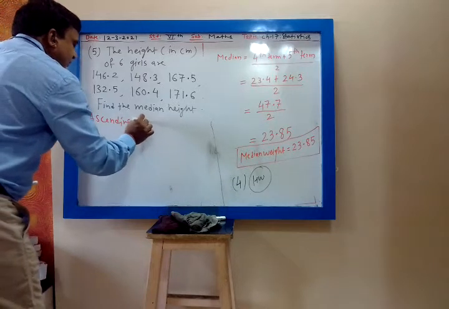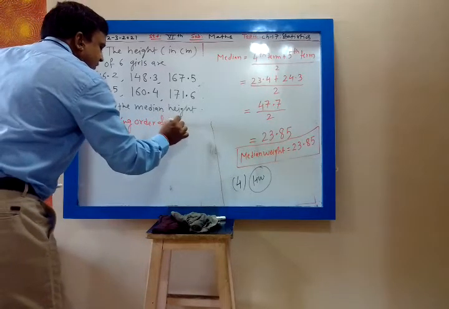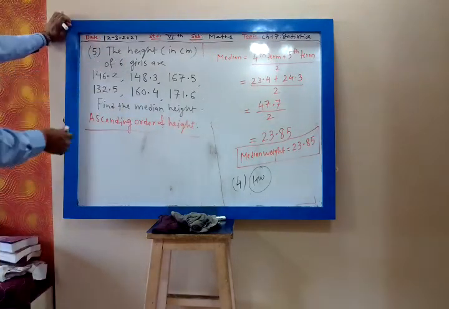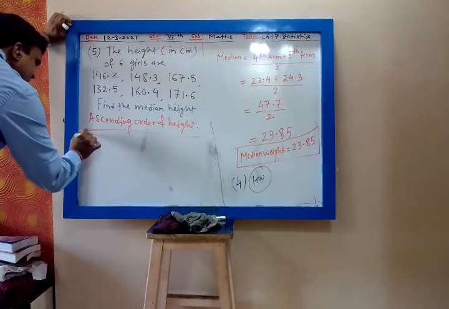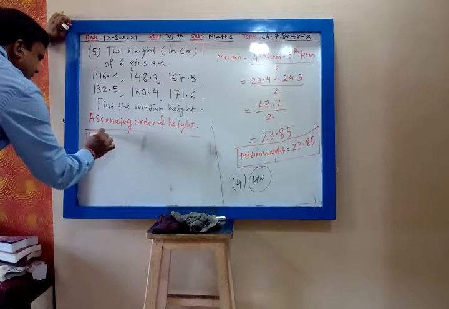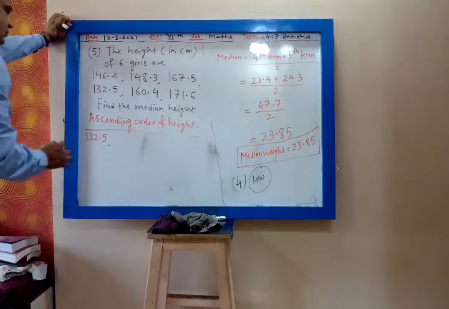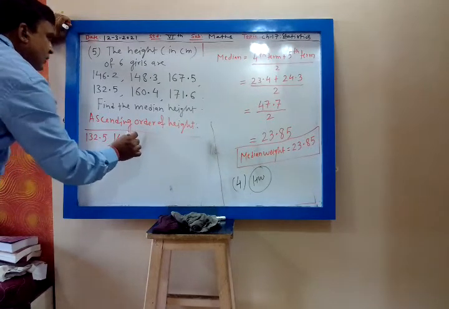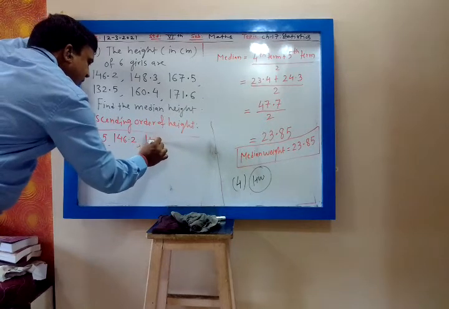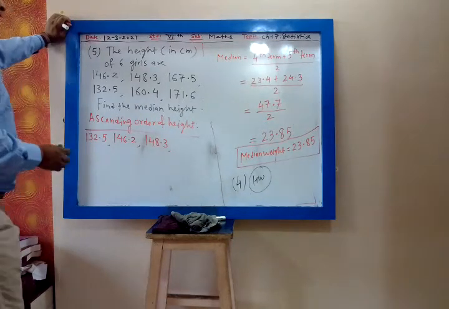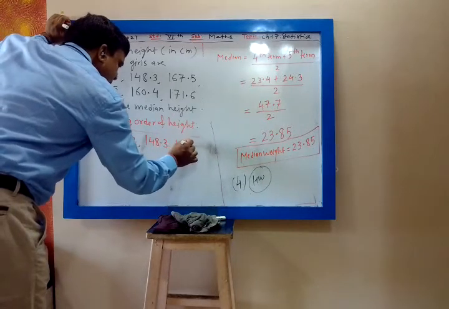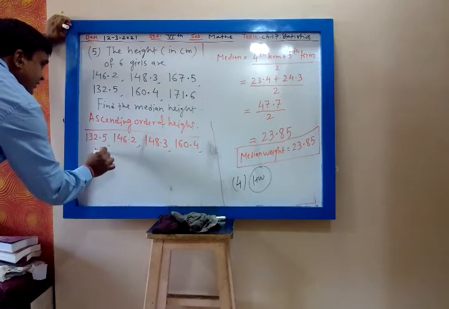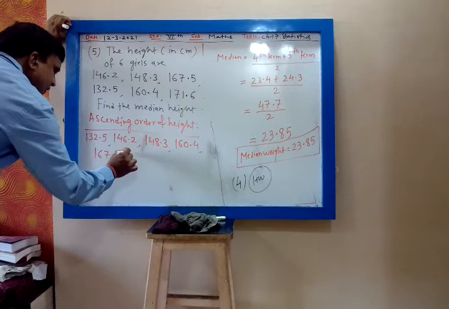Which is smaller one? 132.5. After 132.5, 146.2. After 146.2, 148.3. After 148.3, 160.4. After 160.4, 167.5. After 167.5, 171.6.